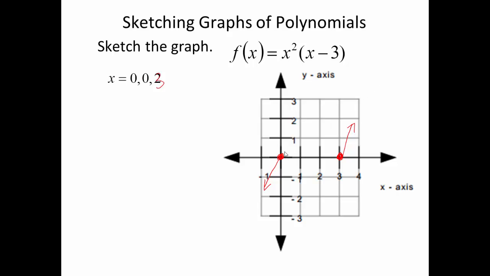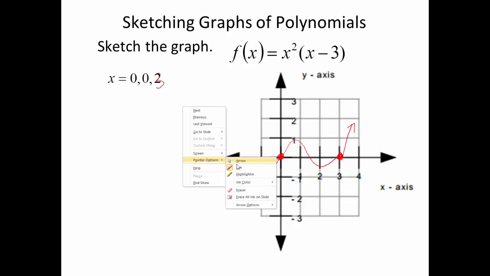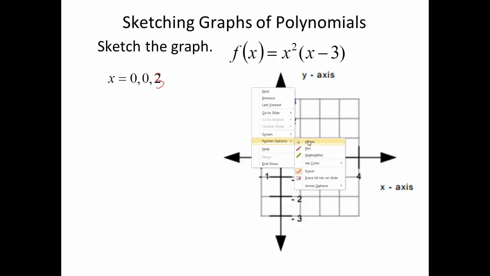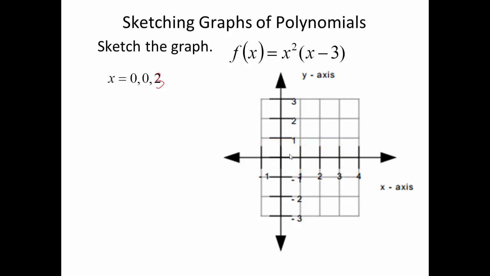But look, I can't connect that, right? If I try to do something like that, look what I did. I made another 0 here. I'm not allowed to do that. So let's back up here. Let's put out my zeros here.